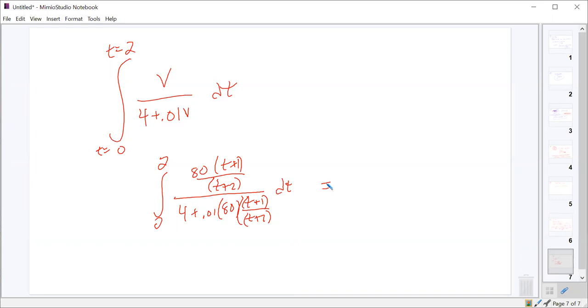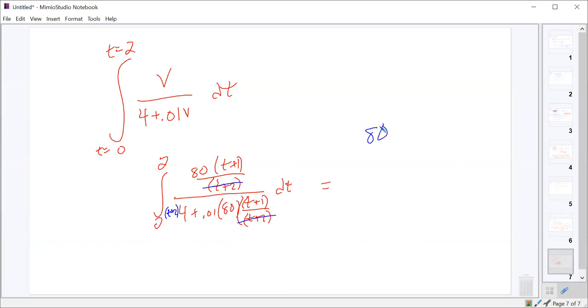I don't know what that integral comes out to be. Could simplify the integral down if we wanted to, make it easier to type into our calculator. Get rid of the T plus 2's if we want to by putting this times T plus 2.